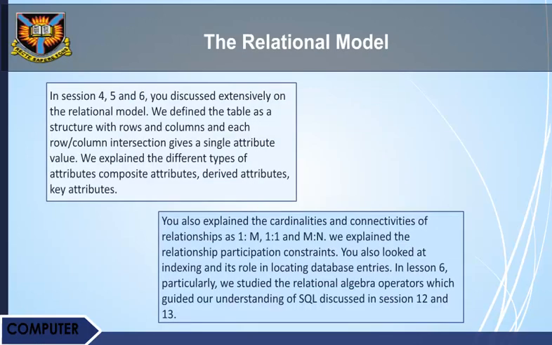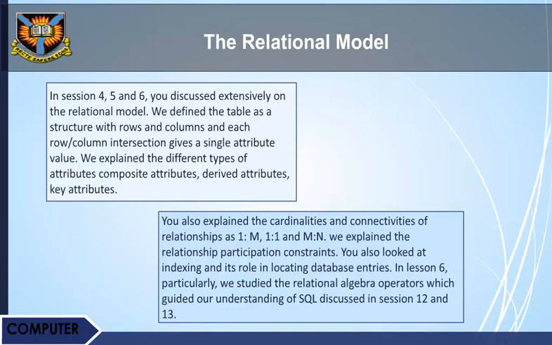The relational model. In sections 4, 5, and 6, you discussed extensively the relational model. We defined the table as a structure with rows and columns, and each row-column intersection gives a single attribute value. We explained the different types of attributes: composite attributes, derived attributes, and key attributes.